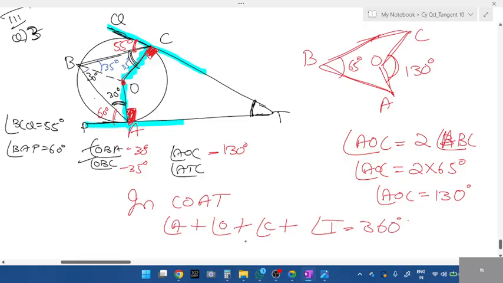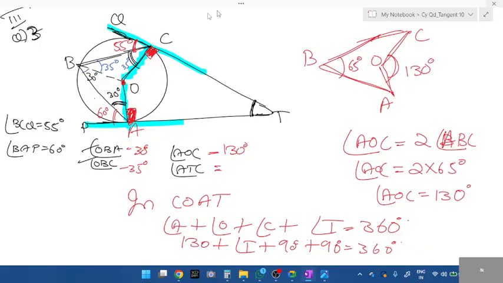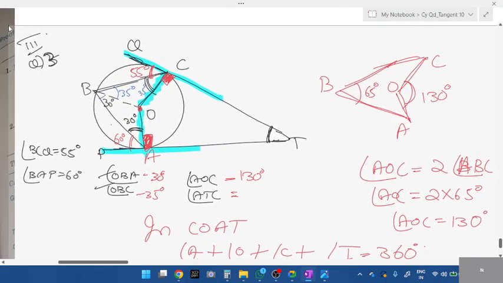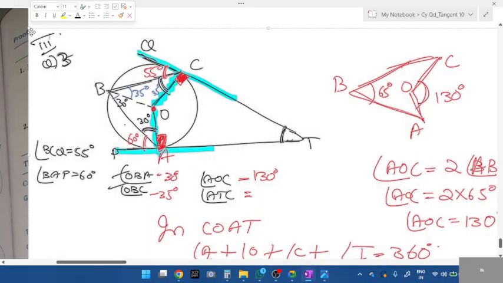Find the value of T, students. Once you find T, write ATC, whatever value you get. So that is 180 minus 130. Your answer should be 50. 50 degrees. Good.